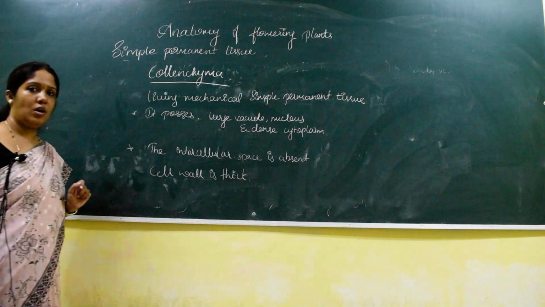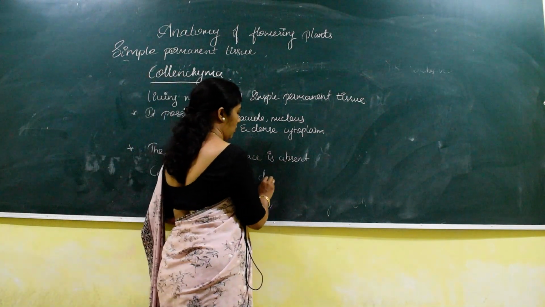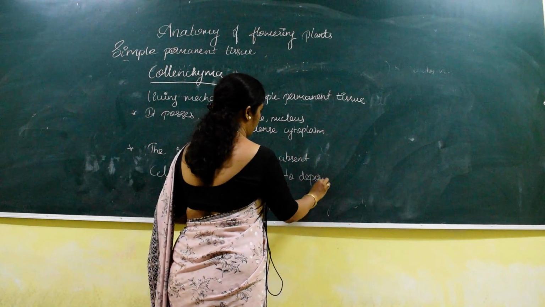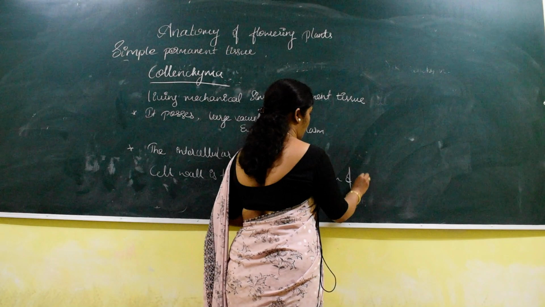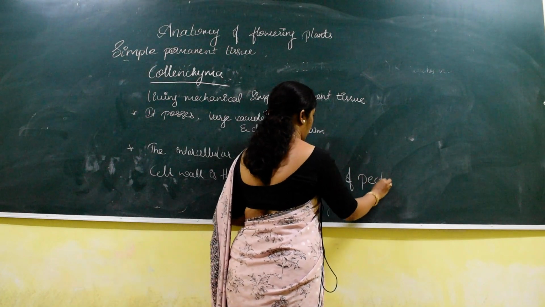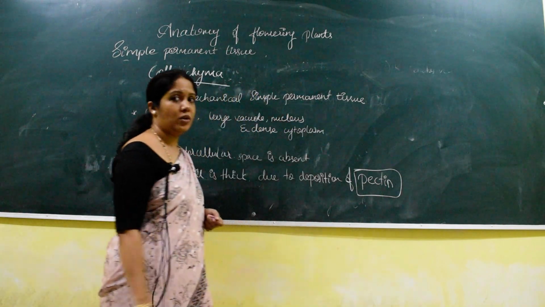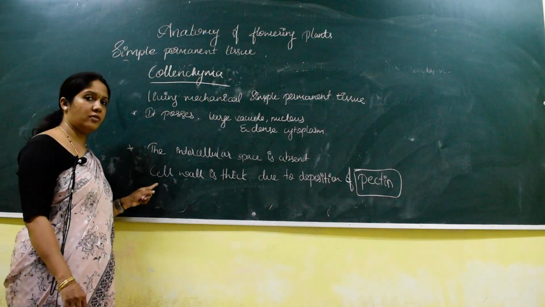Then what is the cell wall made up of? Why is it thick? The cell wall is thick due to the deposition of pectin. Very important. Due to the deposition of pectin, the cell wall is very thick.